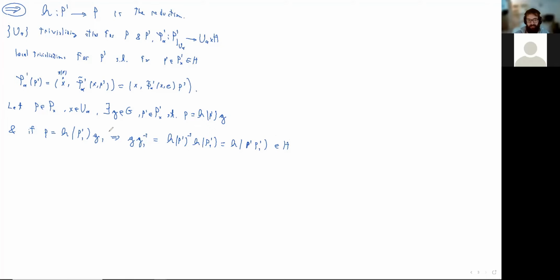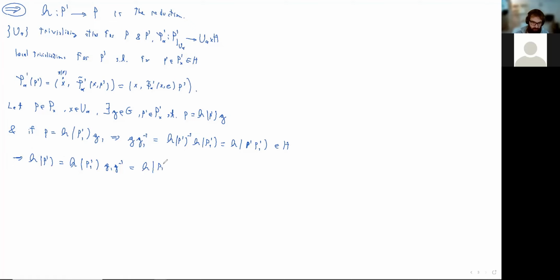Okay, so if you have two distinct representatives of p, represented by this p prime and g, and you have two distinct ones, then this g times g1 inverse is an element of H. And in particular, this gives us that h of p prime is h of p1 prime times g1 g inverse. But now this is an element of H, so I can bring it inside. So this is what we just proved.